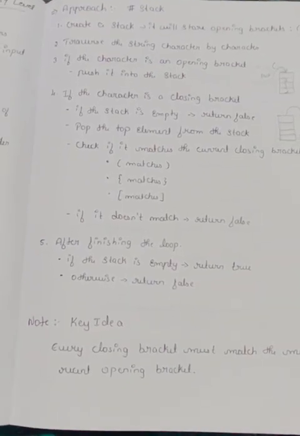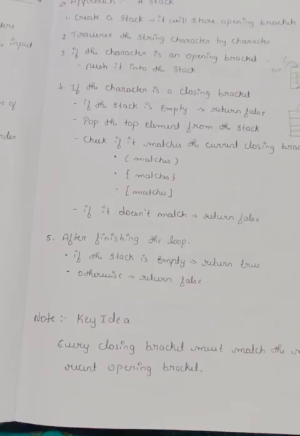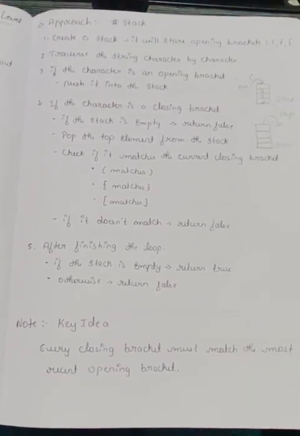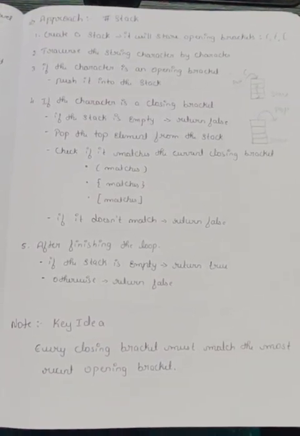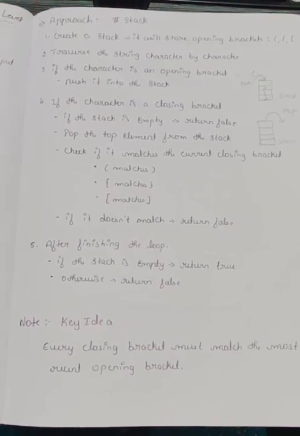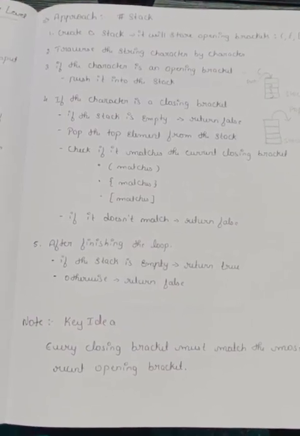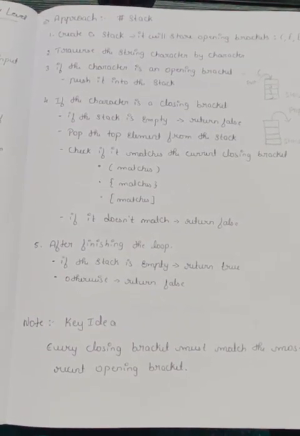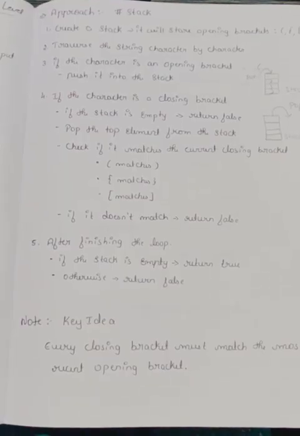Let's understand how the logic works step by step. First, I'll create an empty stack and go through the string character by character. If the character is an opening bracket, then I'll push it into the stack.